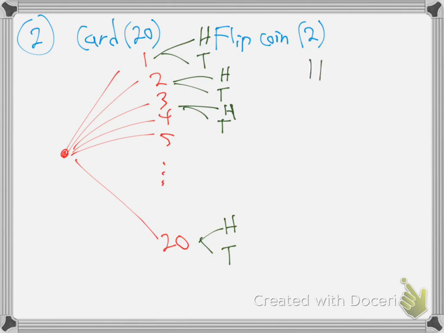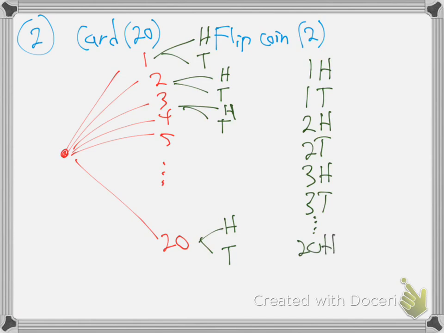You can get card 1 and a head, or card 1 and a tail, or card 2 and a head, or card 2 and a tail, or card 3 and a head, or card 3 and a tail, etc., all the way down to card 20 and a head, card 20 and a tail. So how many different possible, this right here is the sample space.